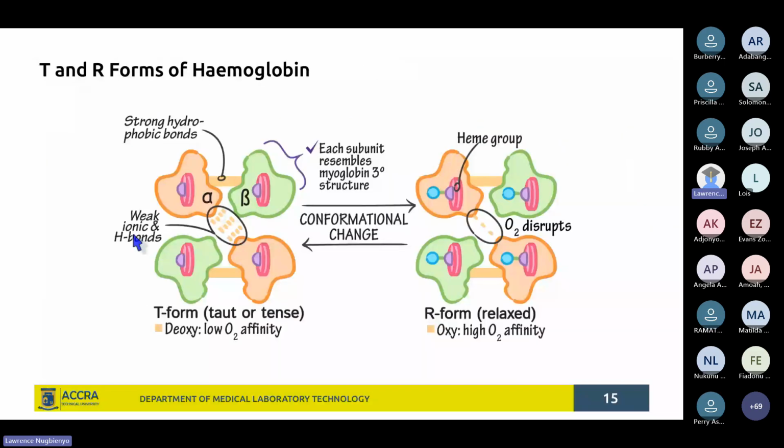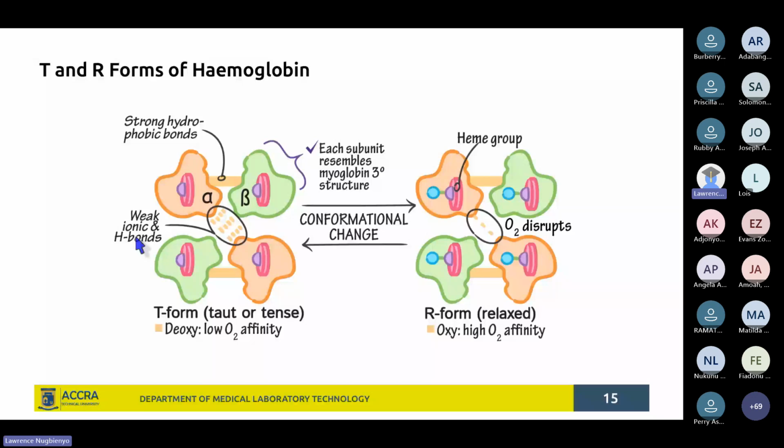Now we can talk about different forms of hemoglobin, because we've been talking about the fact that when oxygen binds, it increases affinity. When oxygen is released, it reduces affinity. Why that? So you have known that in the quaternary structure of proteins, you have different bonds there.